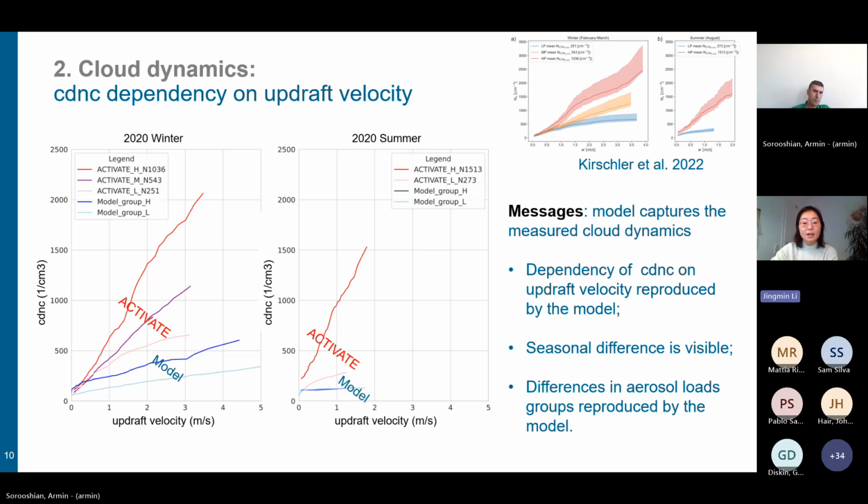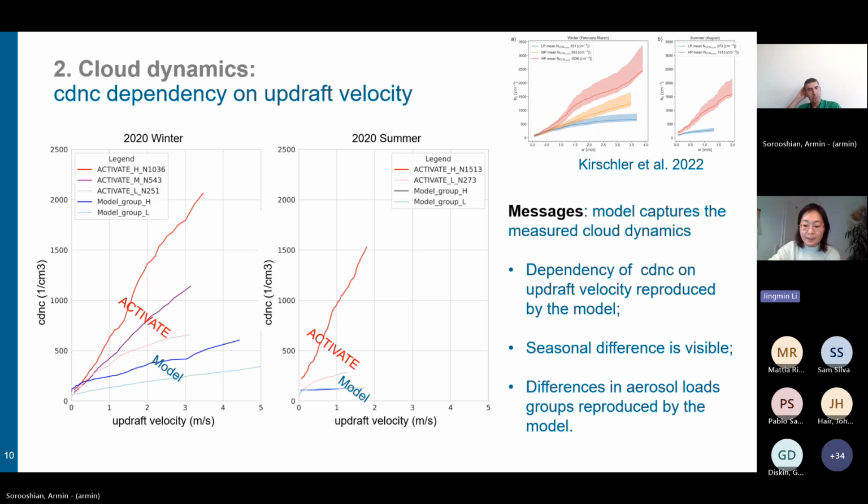But other than that, we do see that the model reproduces this dependency of CDNC on updraft velocity. The model also reproduces the seasonal difference between winter on the left and summer on the right. The model also reproduces the difference in this dependency for different aerosol load groups, the dark blue one and the light blue one, which means the global aerosol model captures this basic cloud dynamic.